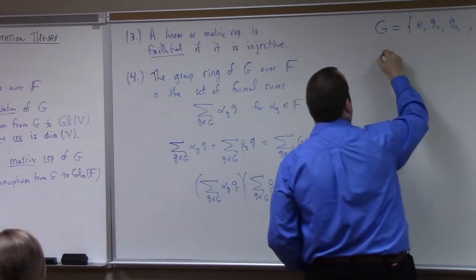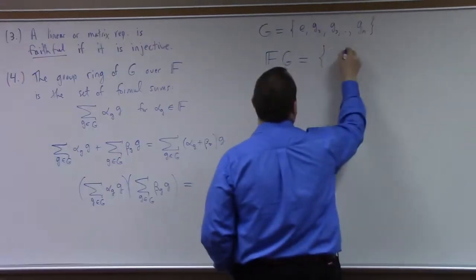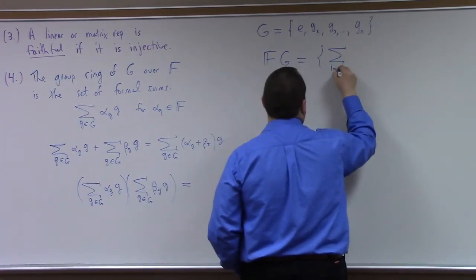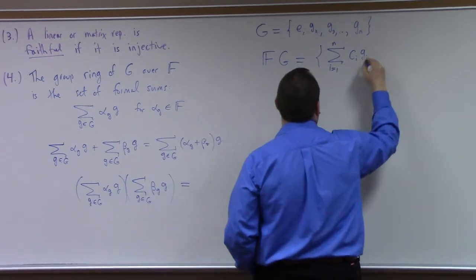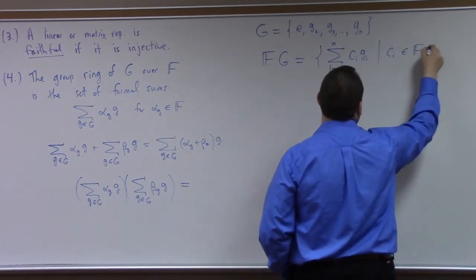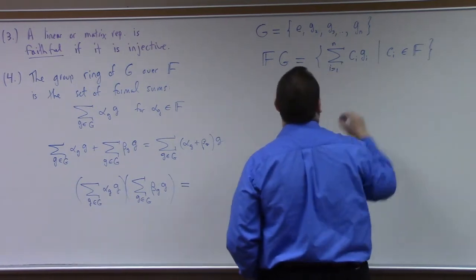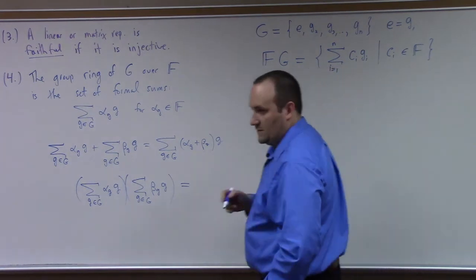So FG is things like the sum from i equals 1 to n of c_i g_i, such that c_i is in the field. And here I'm just saying e is equal to g_1 for the sake of my discussion.